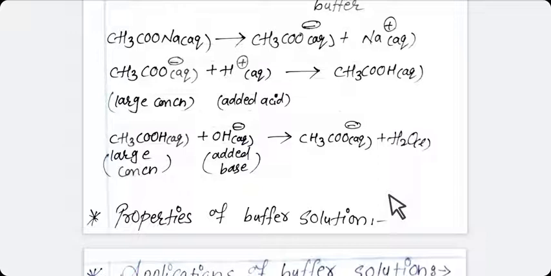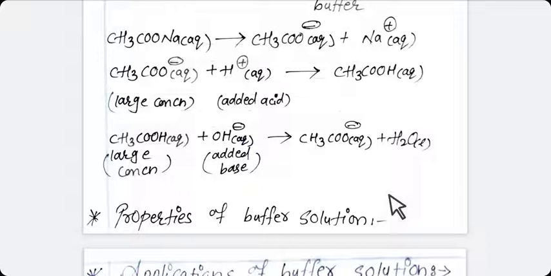So it is the property of buffer solution. Means by addition of a small amount of either strong acid, strong base, or dilution, or when you keep it for a long time, the pH of a buffer solution does not change.